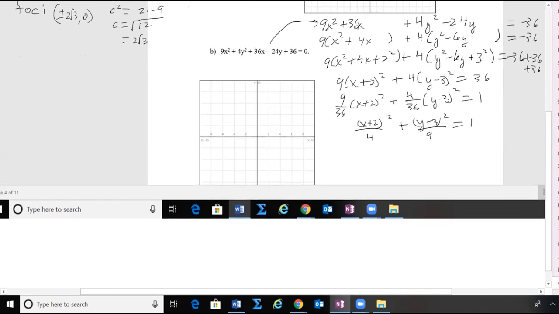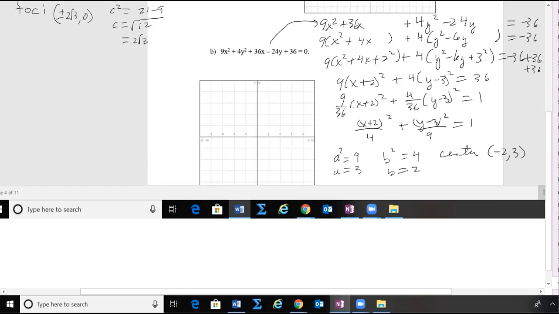We've got major along the y. Our a squared is 9, so a equals 3. And our b squared is 4, so b is 2. Our center is at -2, 3. And that's enough to get the sketch.